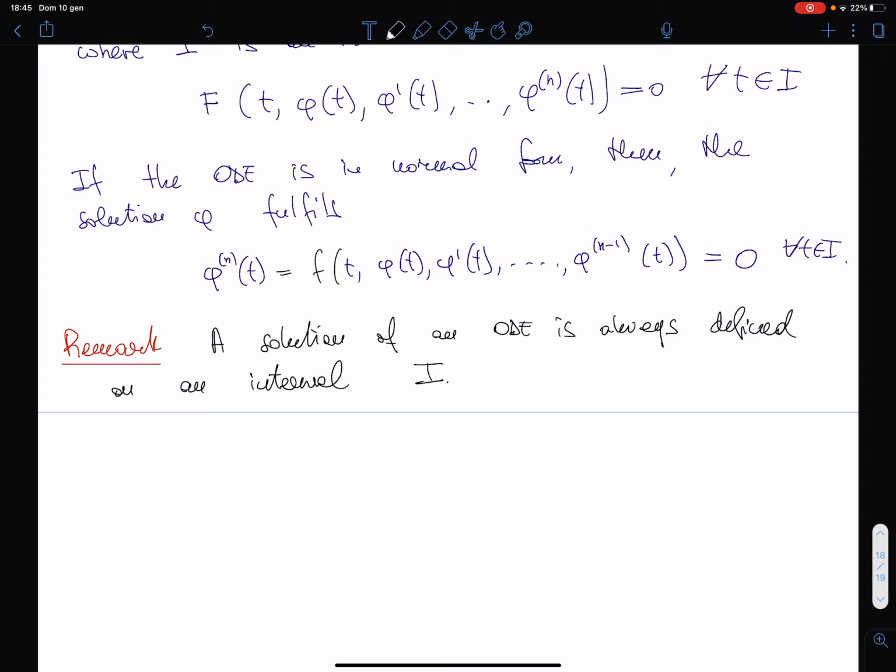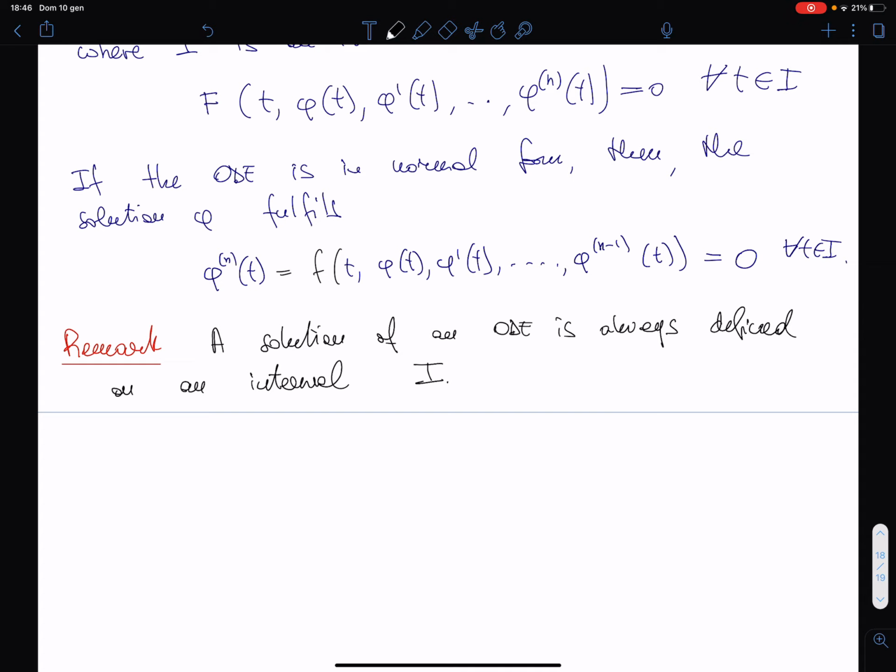The natural analytic domain, the domain related to the analytic expression, was not an interval, was an interval without a point, the point where the asymptote, the singularity, was present. And this is not a good domain for a solution of an ordinary differential equation by definition. There is a reason: in most cases, ODEs come from modelization of natural phenomena that evolve in time without holes. This is a reason that comes from modelization.